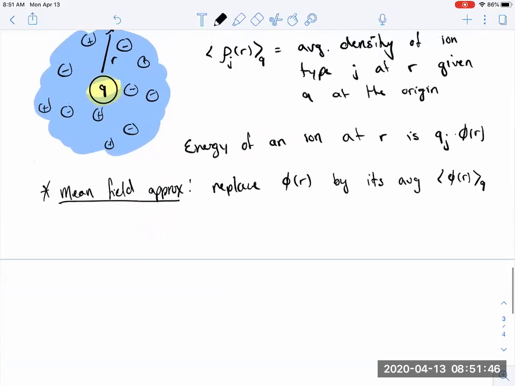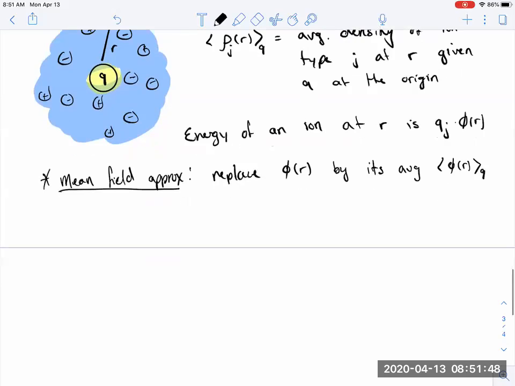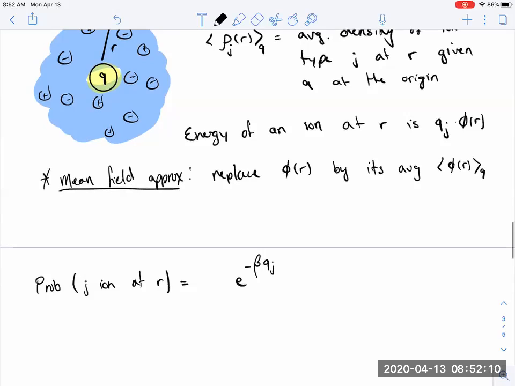Okay, so let's see how this plays out. Here's the setup. If we wanted to ask the probability that a J ion, an ion of type J, is at some position R, that's going to be proportional to its Boltzmann factor, whose energy we reminded ourselves will be Q times the electrostatic potential, and that electrostatic potential we've replaced by its average.